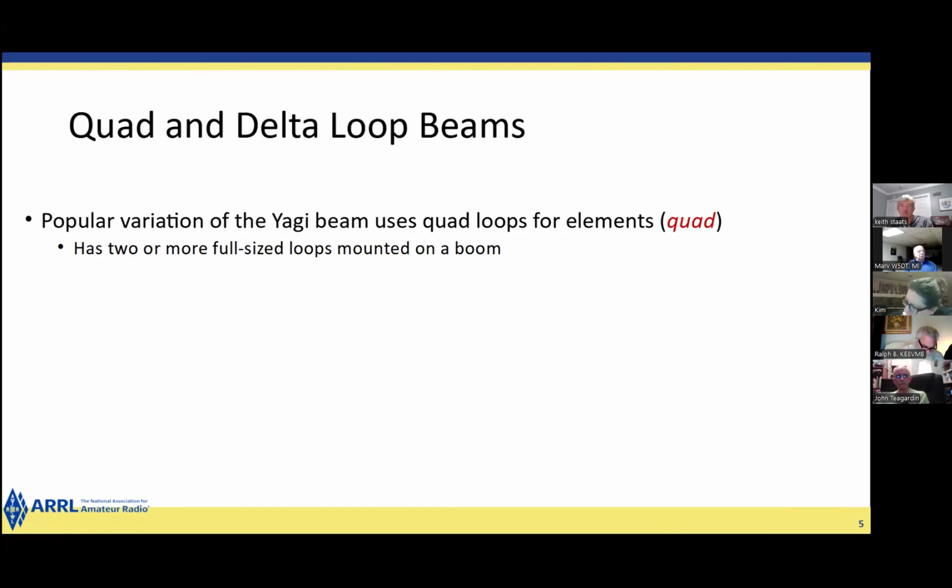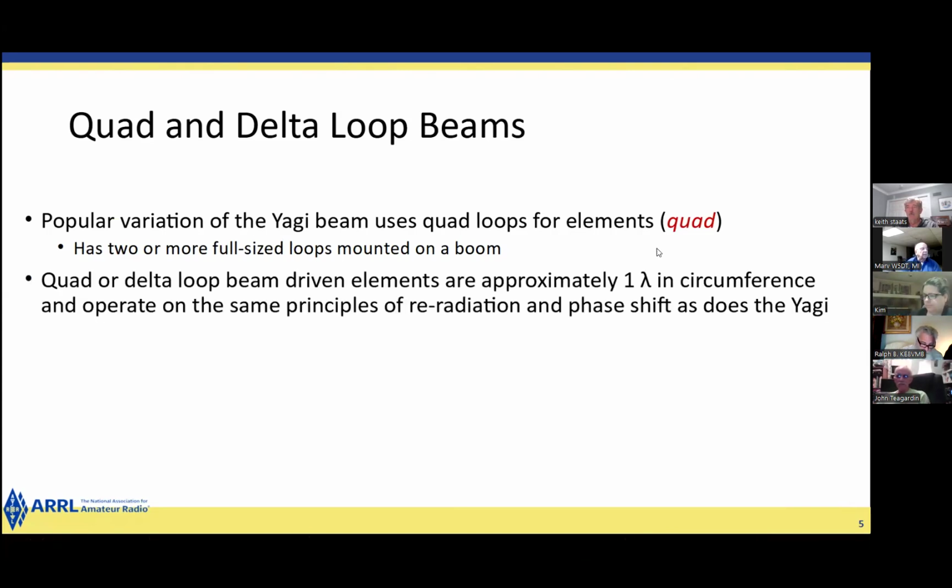It has two or more full-size loops mounted on a boom, and they're approximately one wavelength in circumference and operate on the same principles of re-radiation and phase shift as does the Yagi.